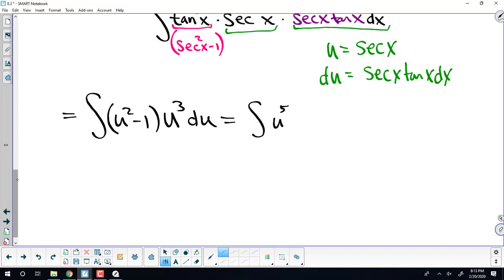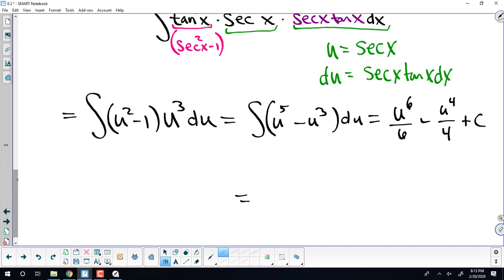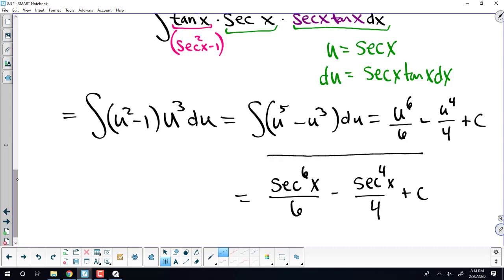So similar antiderivatives, yet they're different. Secant to the 6th over 6 minus secant to the 4th over 4. So you take the derivative of both of those and you apply trig identities, combine them, you should get tangent cubed secant to the 4th.